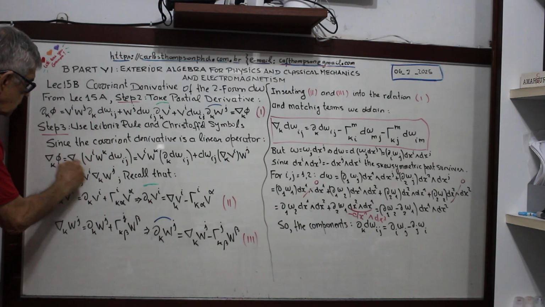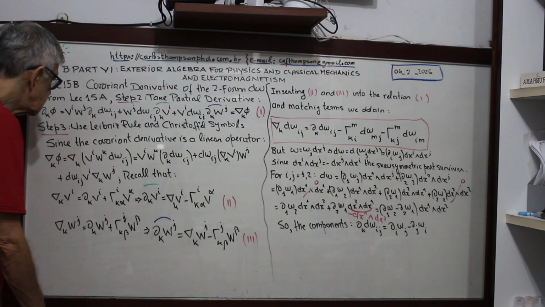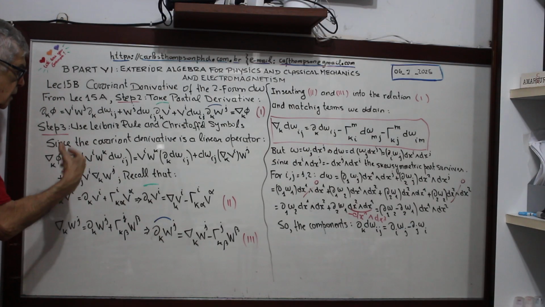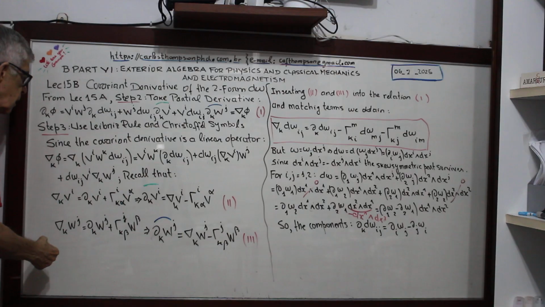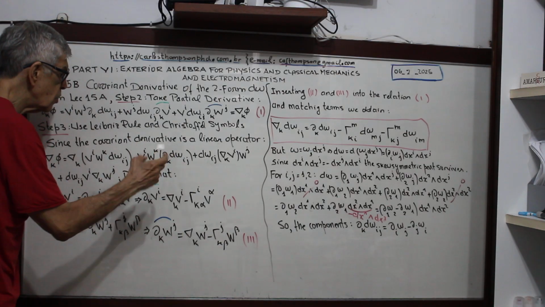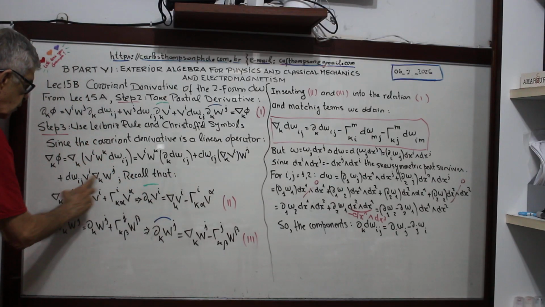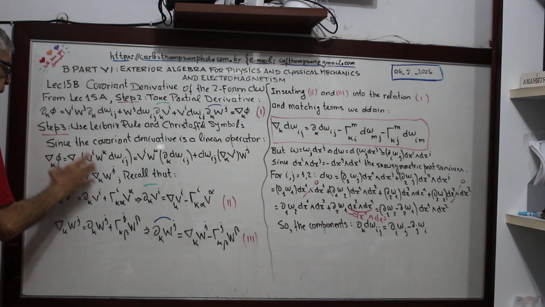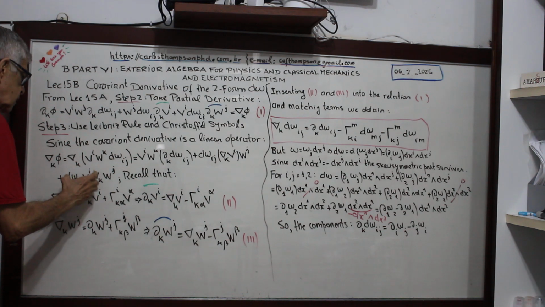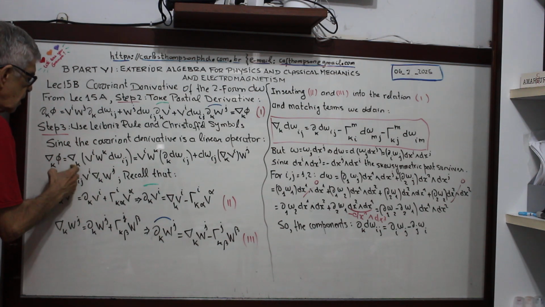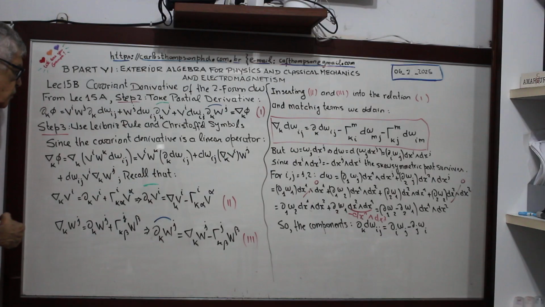Likewise, K. You see, this is a scalar. So I can expand here and write down the three terms. This term over here, this and this term over here. So you see, I expand using Leibniz rule.